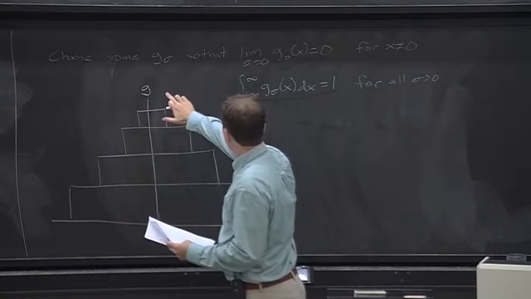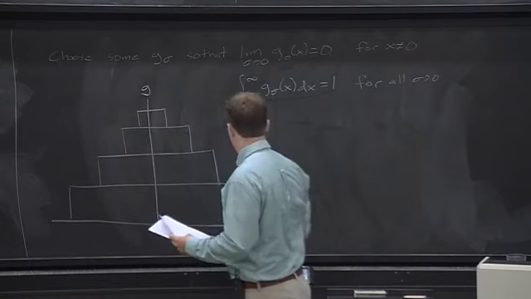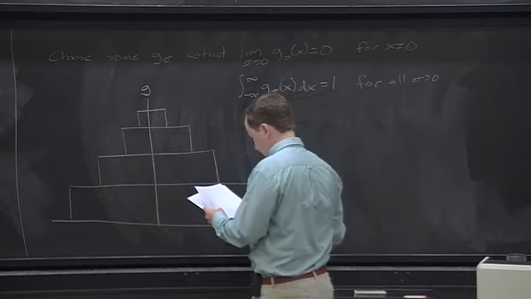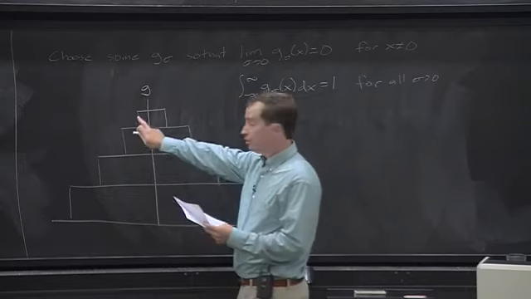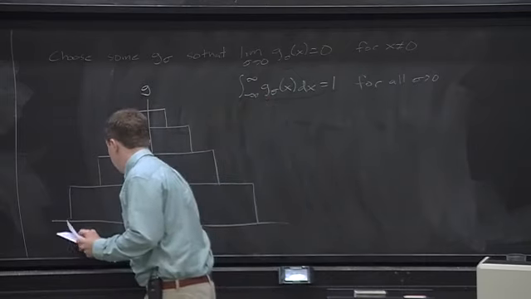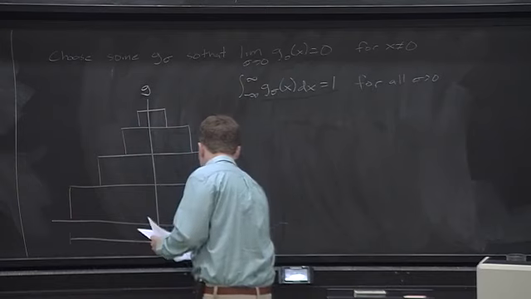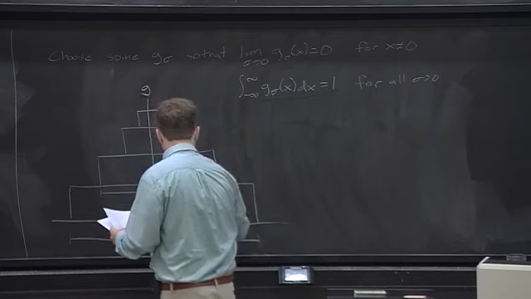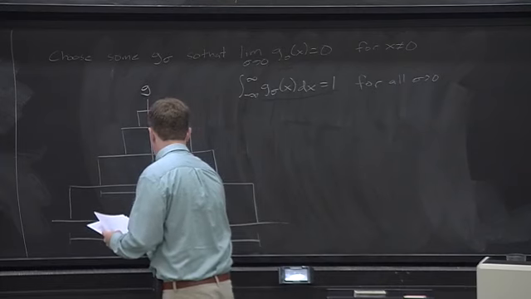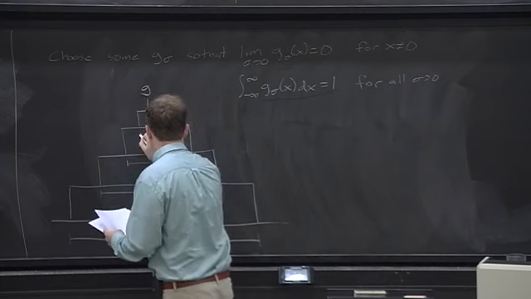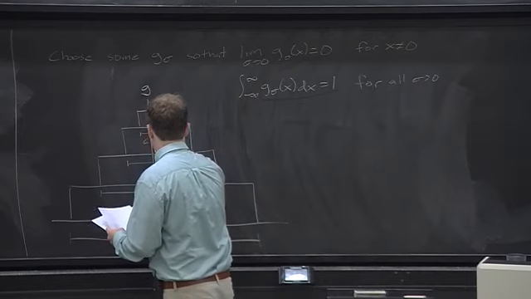We can fit it inside this series of boxes, which have width epsilon for the bottom box, epsilon over 2 for the next one, epsilon over 4, epsilon over 8, and so on.